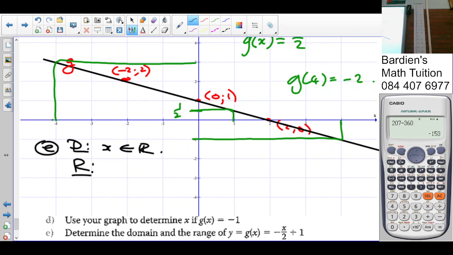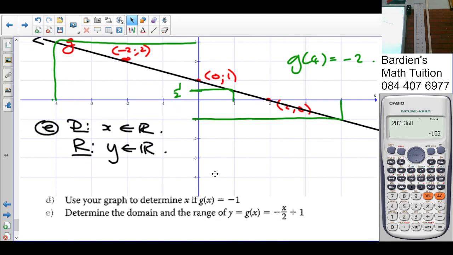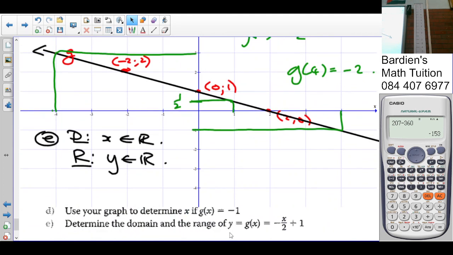The range is all possible y values. So the graph goes down to negative infinity and positive infinity. These are normally arrows at the ends of these straight line graphs, not so. Which means it's going to negative infinity and positive infinity. There we then say y is an element of all the real numbers. So all the real numbers exist for the range as well as for the domain. Okay, you guys understand?